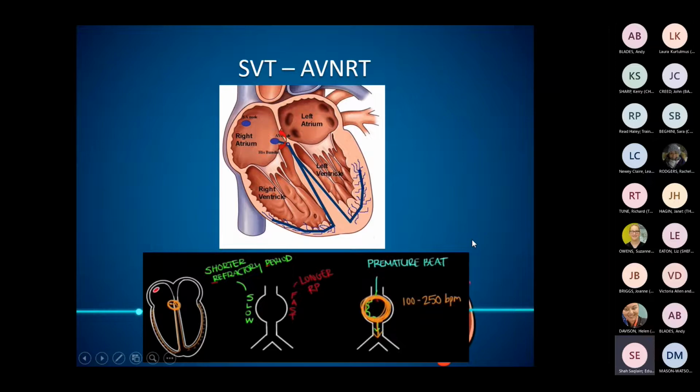Do go away and have a look again at what an action potential means. What sort of action potential is this one within this node? It's not a non-nodal action potential; it's a nodal action potential, the one with a slight slope up and down.